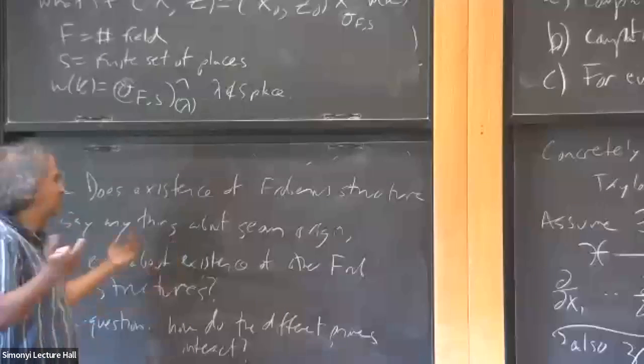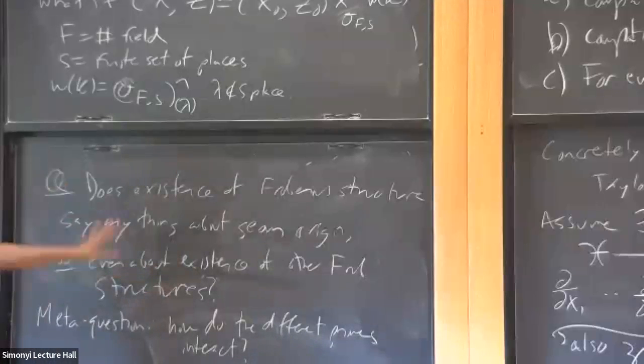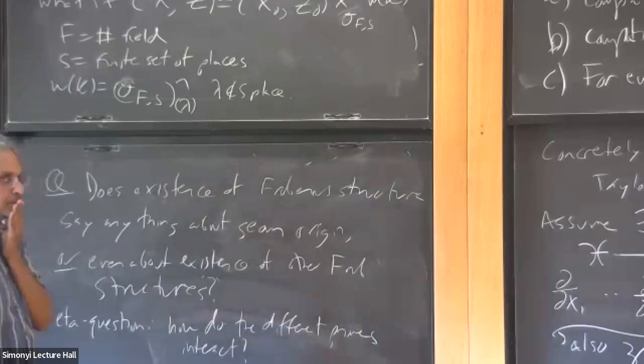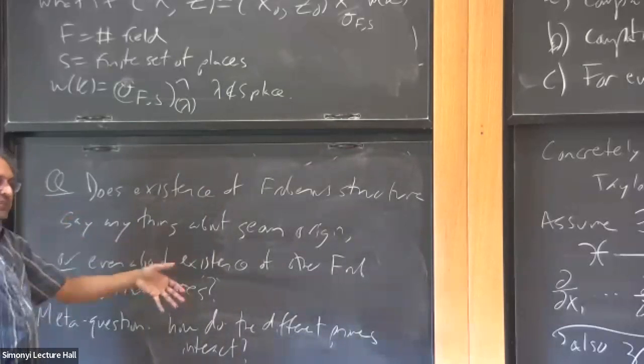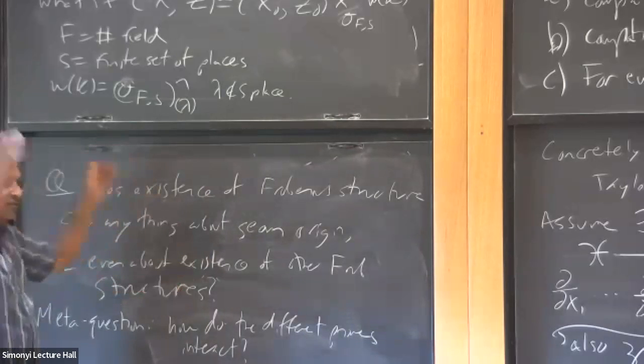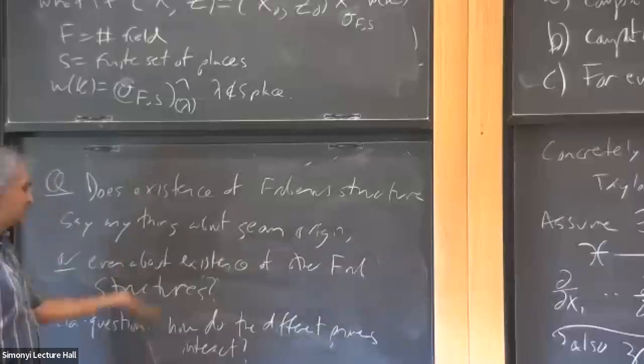Maybe the answer is trivially no. I deliberately didn't state a precise question because I don't know exactly what it should be. The general conjecture is that if you have a Frobenius structure almost everywhere, then it comes from geometry. Maybe you can ask, if you have these for some thin subset of primes, maybe of positive density, does that imply all of them?